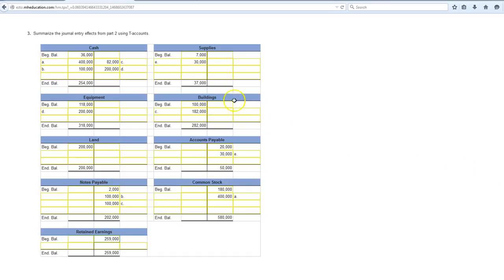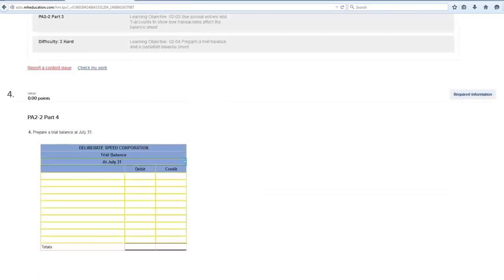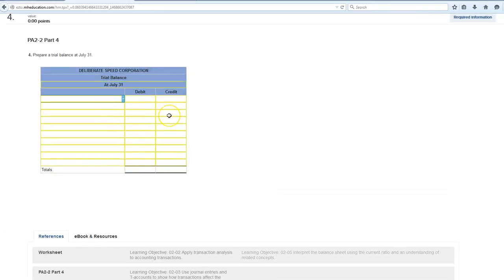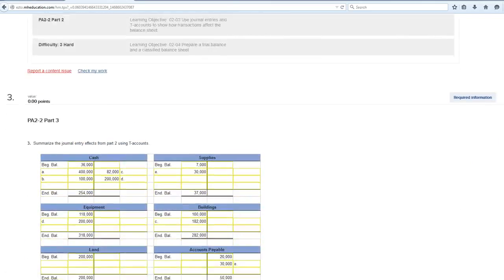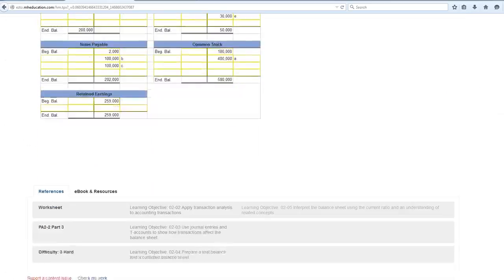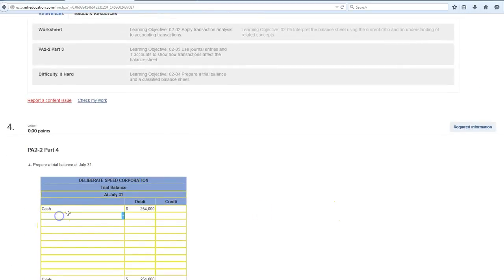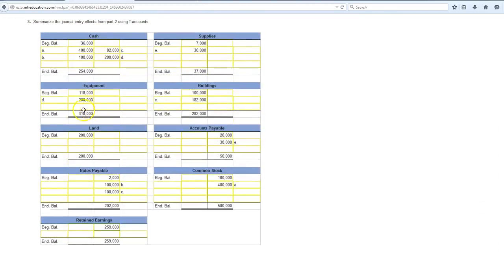Okay, so all we're going to do now is copy the name of the account and the balance. So cash, and on the debit side we'll be putting in $254,000. The next one is supplies, $37,000. Then equipment, $318,000.